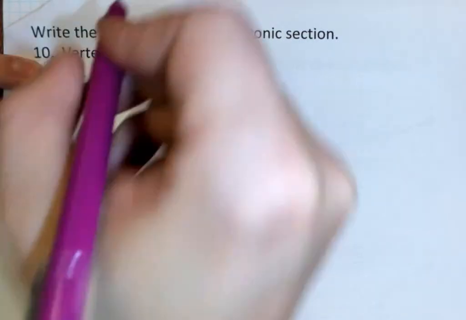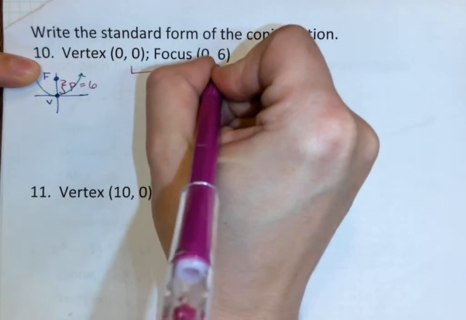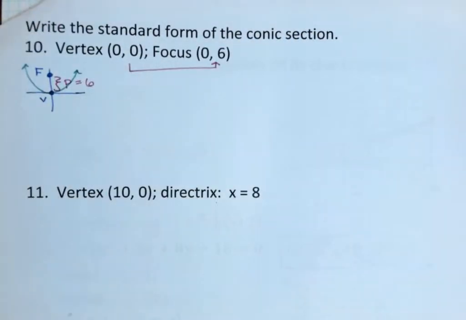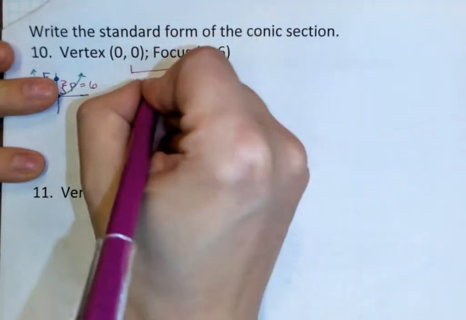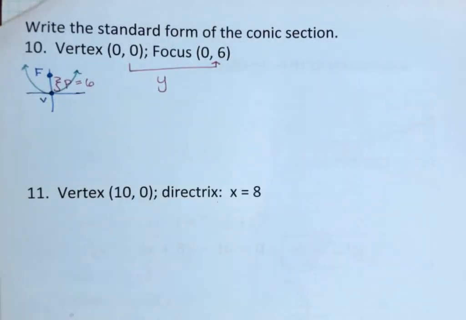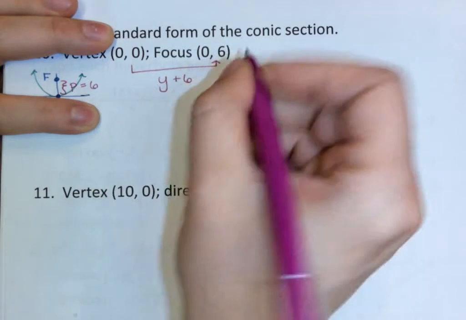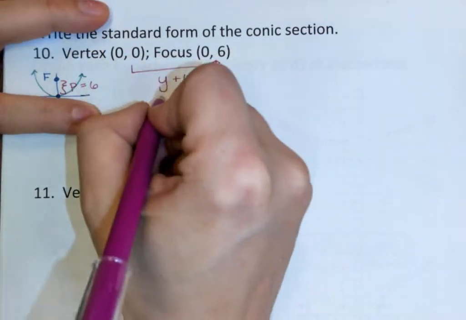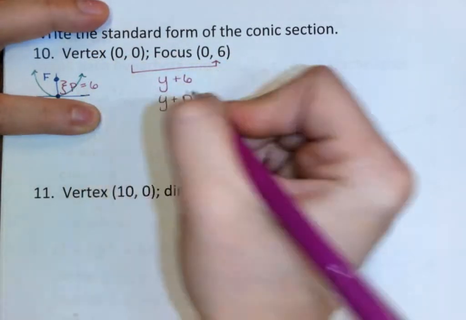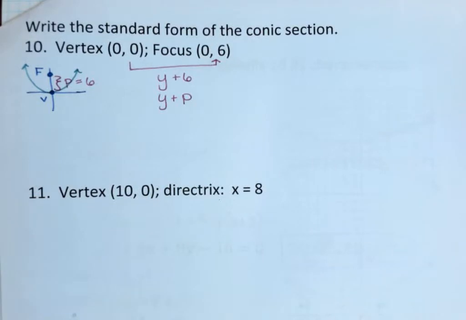We have our vertex. We have our focus. What variable changed? The y changed. What did I do to the y? I added 6. And to move from the vertex to the focus, you add P, so P is 6.